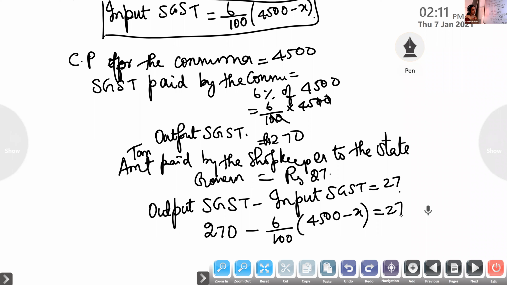Now simplify this and find the value of X. X will give the discount.